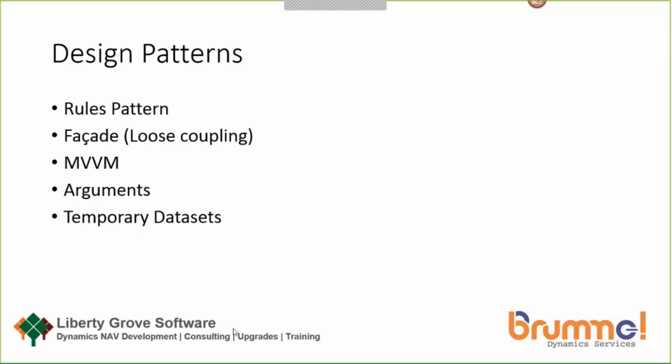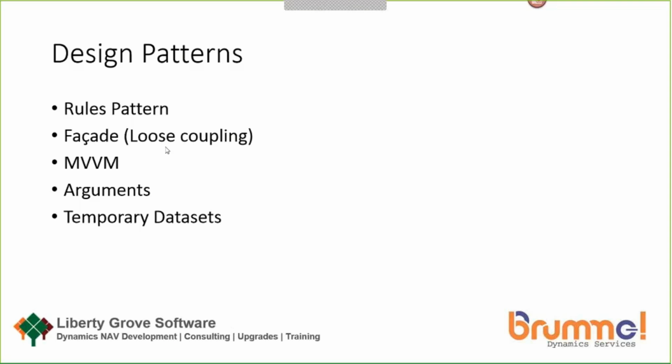The MVVM pattern allows you to implement the model view model pattern in NAV. The arguments pattern and using temporary data sets. I like using the arguments table and the temporary data sets a lot combined.